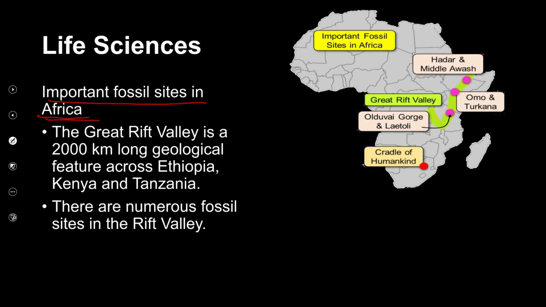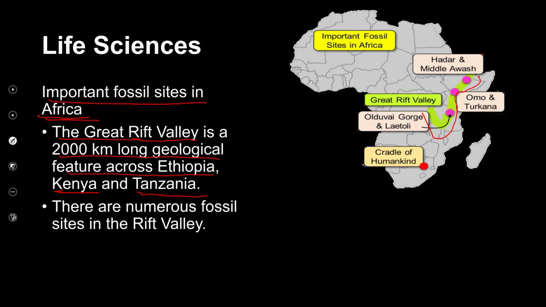A very important area where we found lots and lots of fossils is the Great Rift Valley, which is about a 2,000-kilometer geological feature across Ethiopia, Kenya, and Tanzania. Okay, so if we have a look here on the diagram, you can see it's highlighted very nicely. So it's quite a large area, and it stretches over quite a few of the countries in Africa.